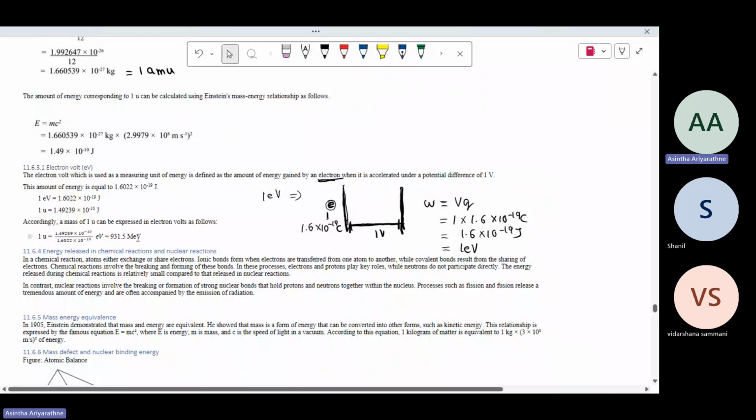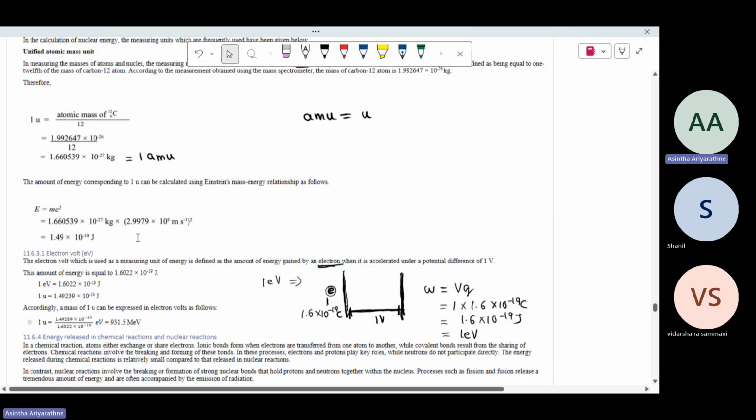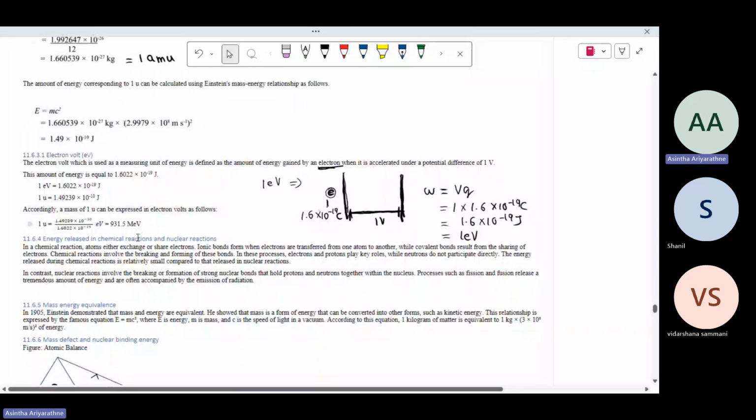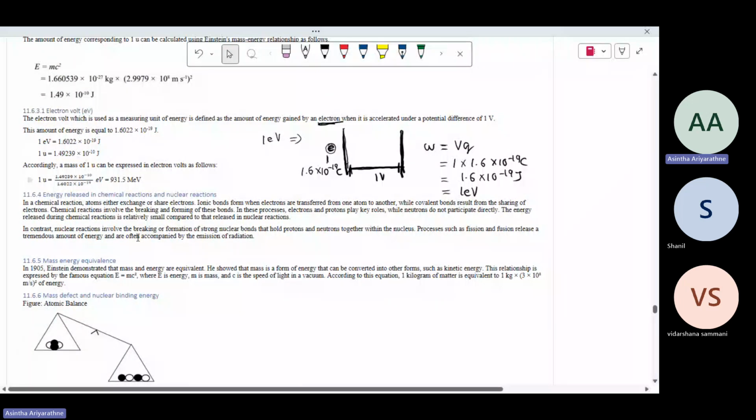You don't have to remember these values, just know how to do this conversion. That's enough.